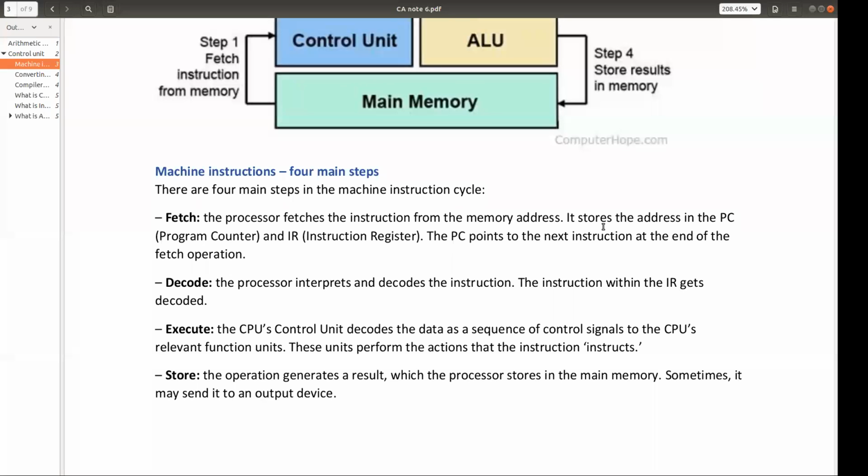There are some other components involved here, known as program counter, instruction registers, and all that. Every instruction will have some address in the main memory. Main memory is not a very small area, it's a large area. So every instruction will have some address, like we have our addresses.